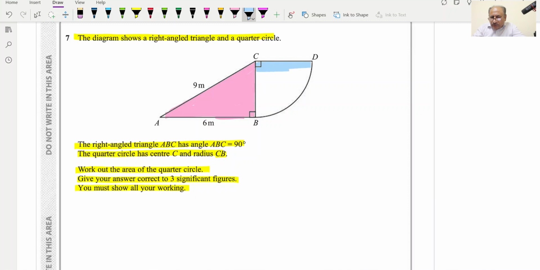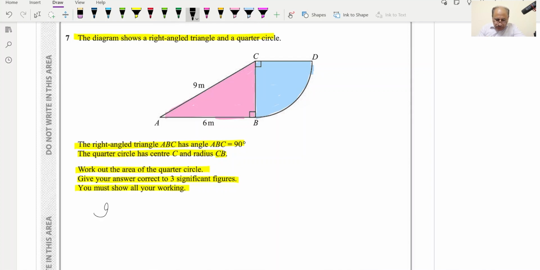To find the area of this quarter circle, we have to find the radius. To find the radius, which is CB, we can use the given triangle, and we have two other sides, so we can find it by Pythagoras theorem.